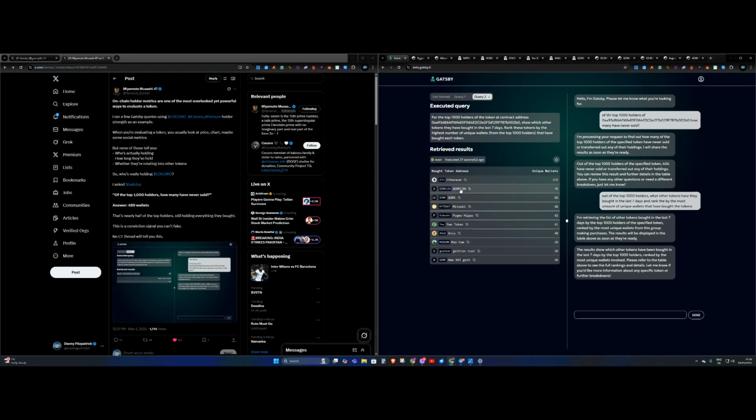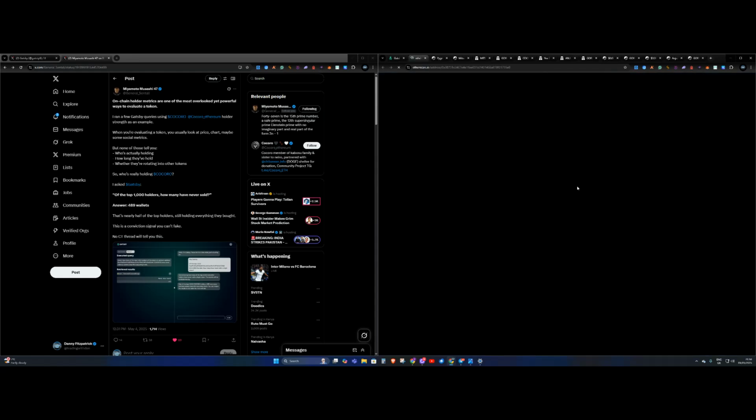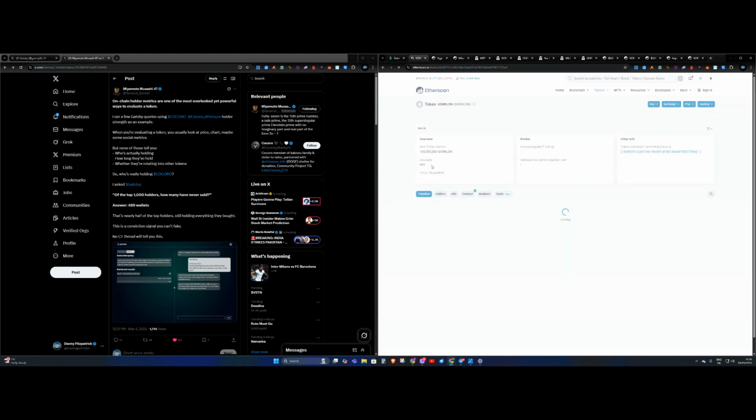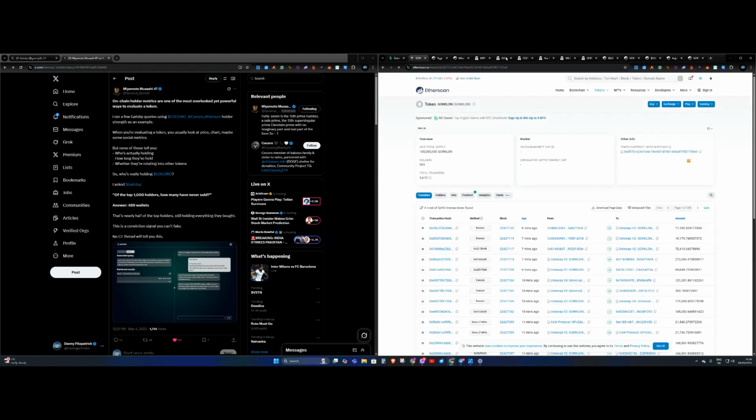So I have had a look through a few of these tokens to see if there are any good looking ones. This Gorklon is the first one. If you click on it, it will take you to its Etherscan address. Then you can click on the token here and see how many holders it has, how many total transfers, the general information you can get from Etherscan.